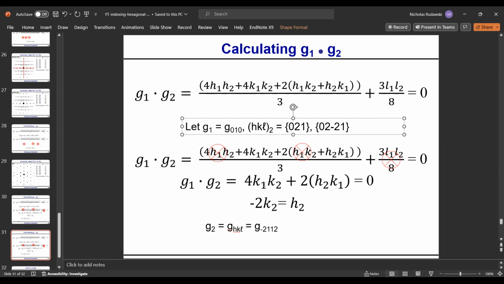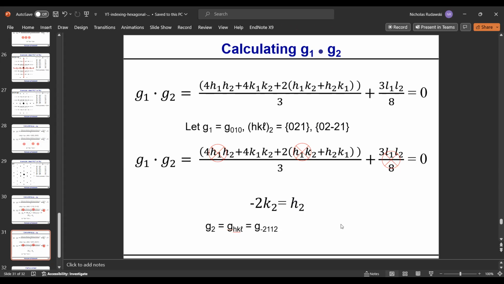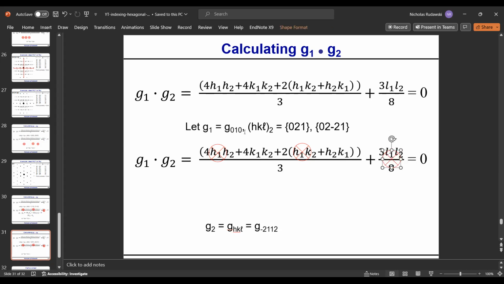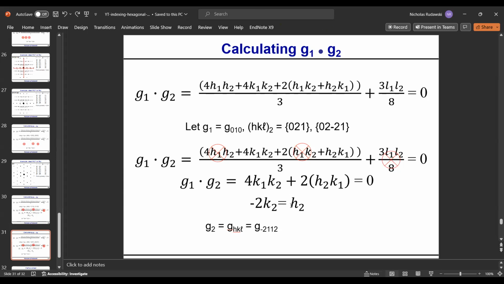The third term goes away because I have a 0 index for G1 in the L position, and I get the same terms gone here as well. So I end up with literally the same thing I had before.